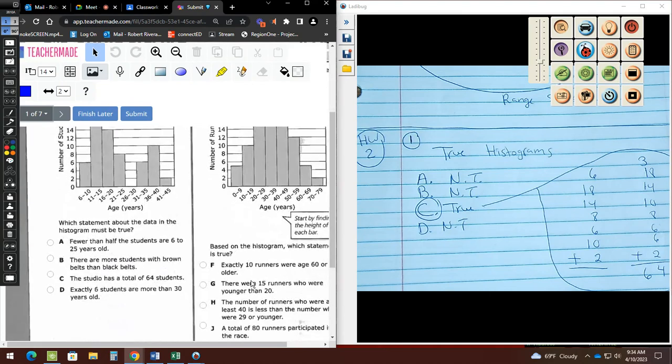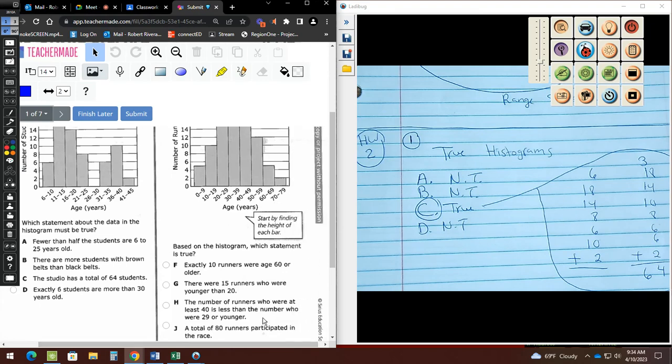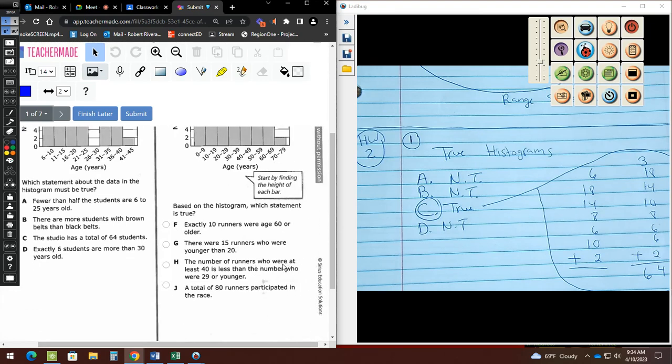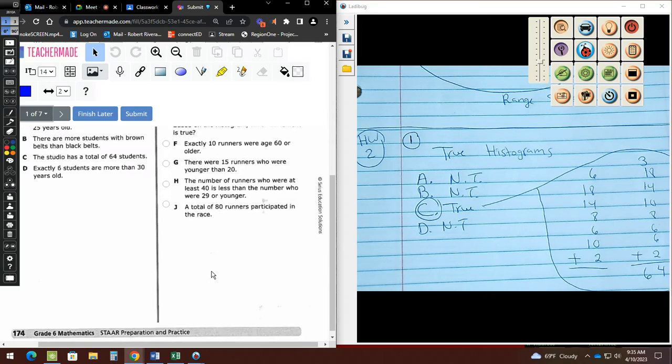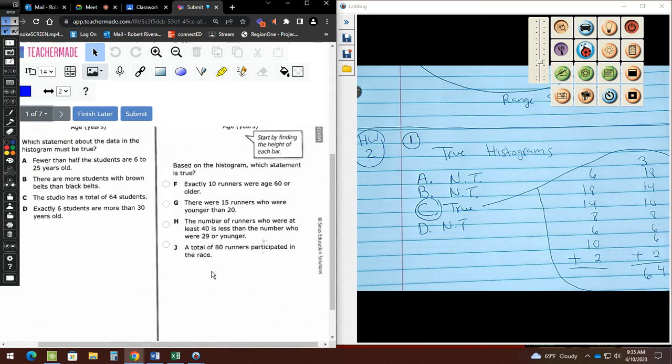Now, the way I did number 1, that's the way you're going to do number 2. You have to go and read everything. Anytime you see the word exactly, it means that it's exactly, it can't be higher or less. At least 40 means 40 or more.